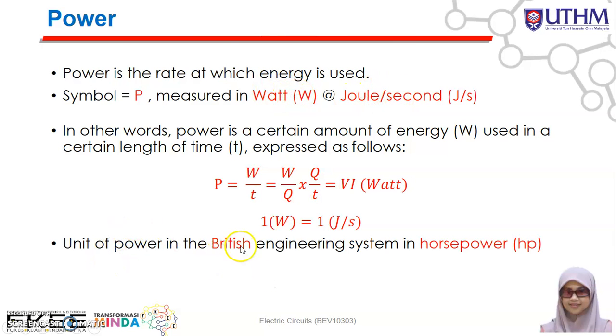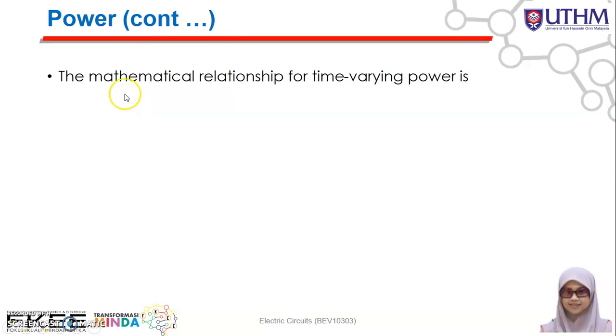The unit of power in the British engineering system is the horsepower, where 1 horsepower is equal to 746 watts.